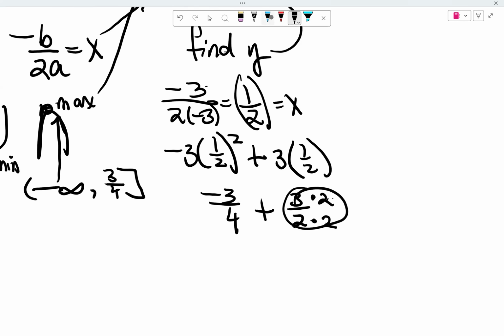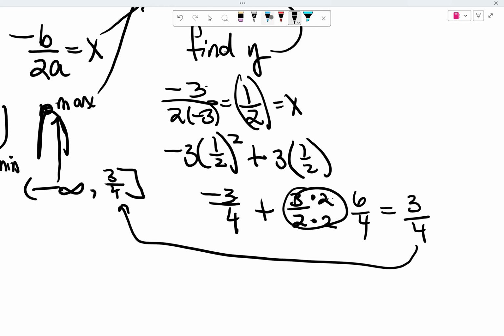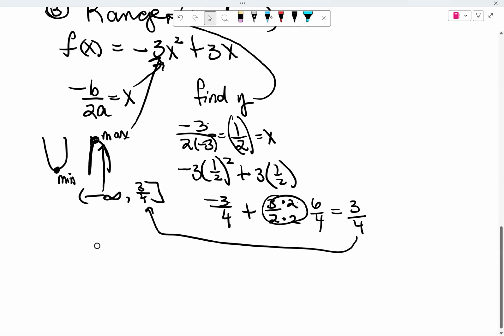This all becomes 6 over 4. Negative 3 plus 6 is positive 3 over 4, hence where I'm getting this 3/4 from. So whatever this is, remember, it's a max because that's negative. And that means that it's a sad face, sad parabola.